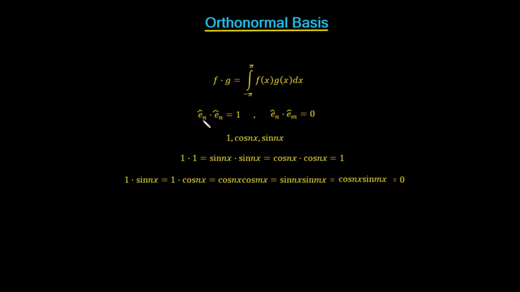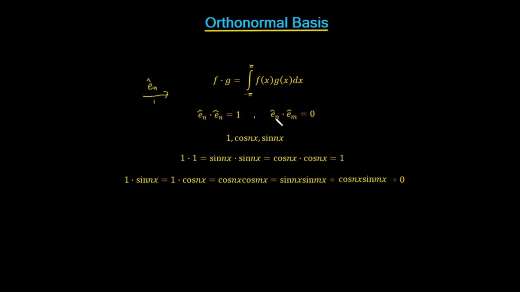Remember, all this is telling us is that we have a vector in this direction here. Let's call it en hat, with length 1. We're asking how much of en hat is in the direction of itself, and the answer is all of it, so that gives us a value of 1.